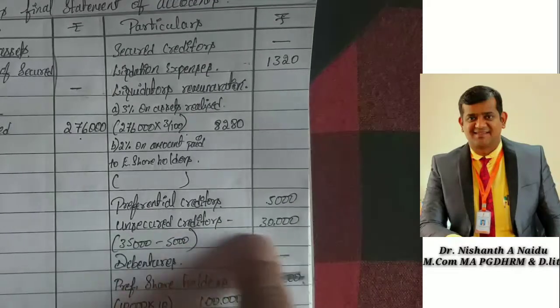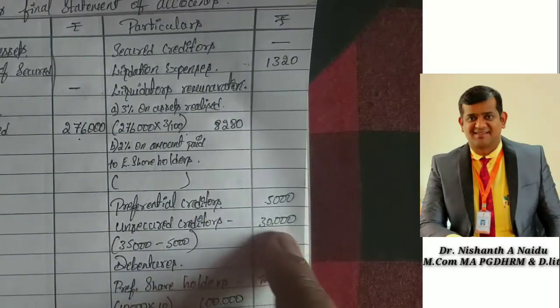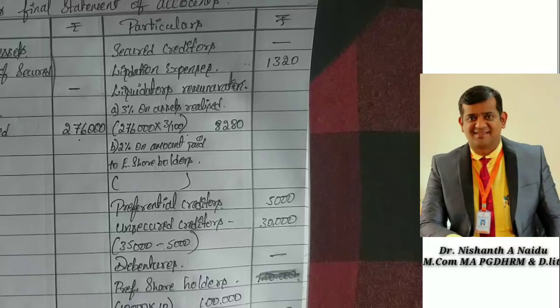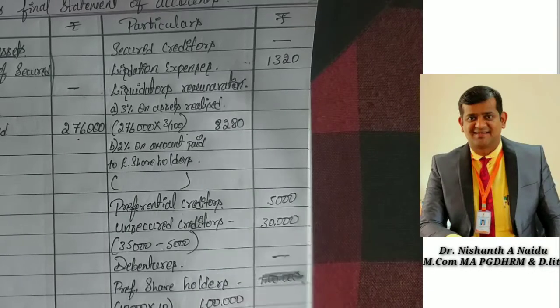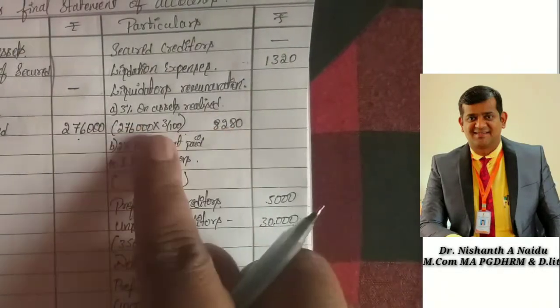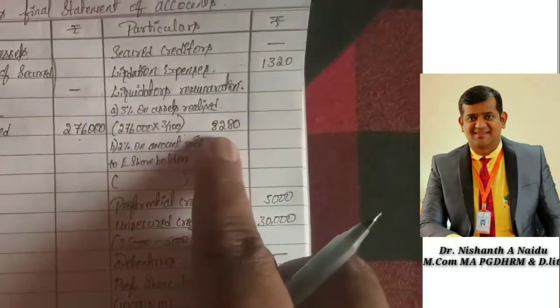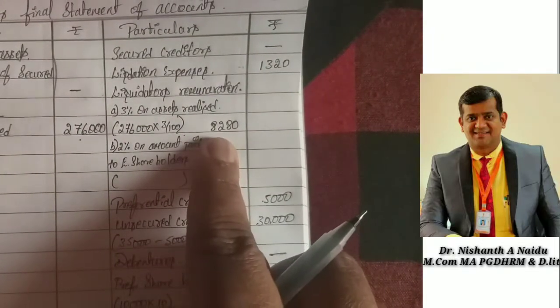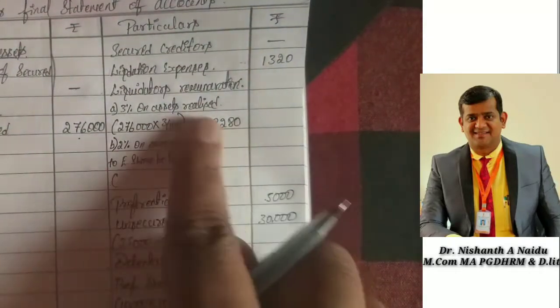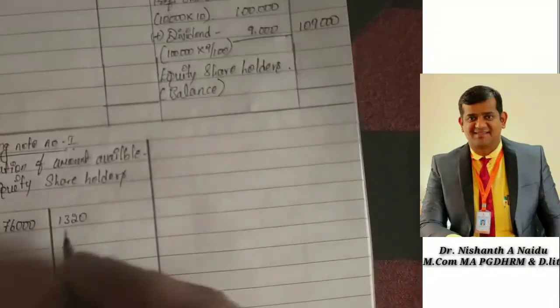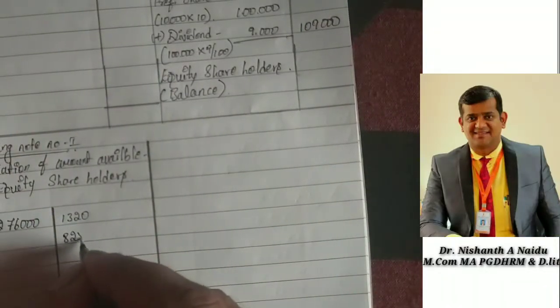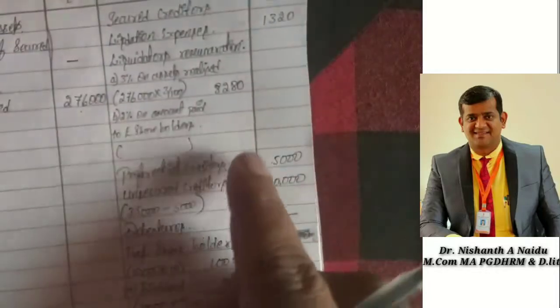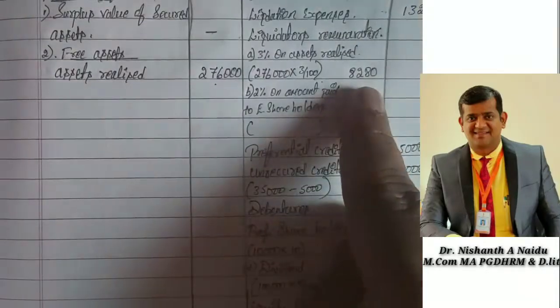Then unsecured creditors 30,000, then preference shareholders 1,09,000, and I also have 3% on assets realized, that is liquidator's remuneration 8,280. So first I am going to write liquidator's remuneration 8,280. I have just copied directly from there.